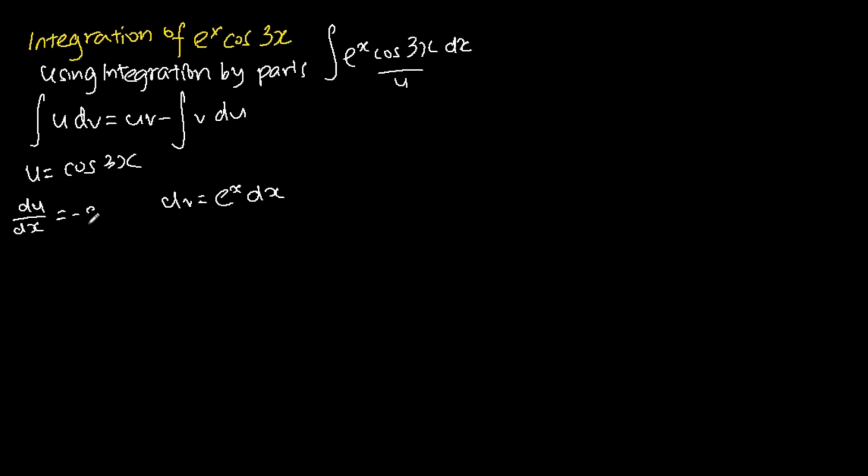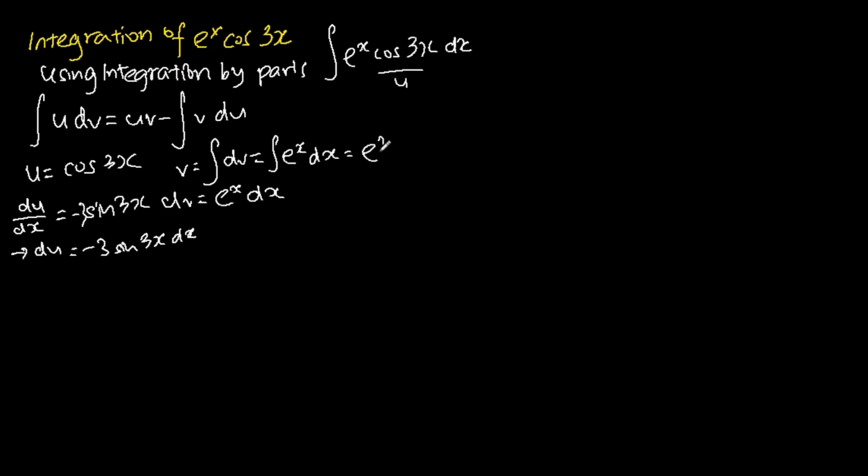This gives us negative sine 3x times 3. Multiplying both sides by dx, we get du equals negative 3 sine 3x dx. To find v, we simply integrate dv, which is the integral of e to the power x dx, which equals e to the power x.